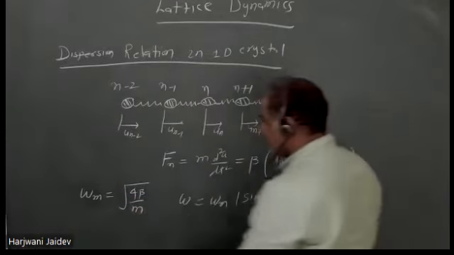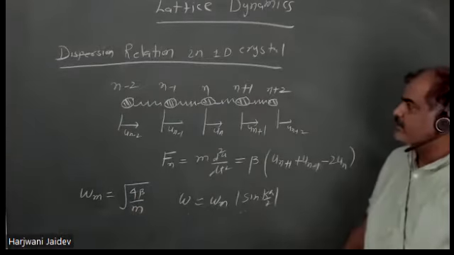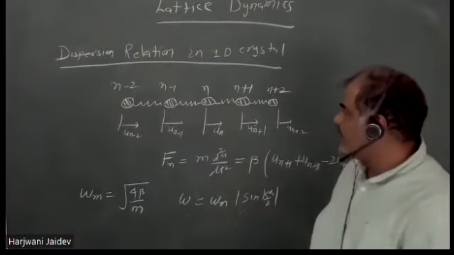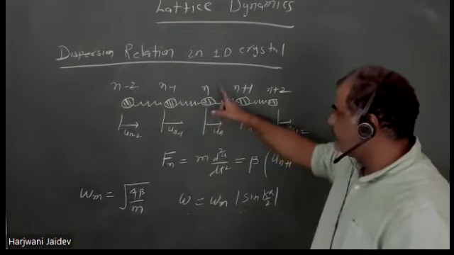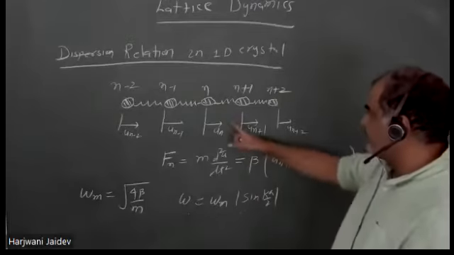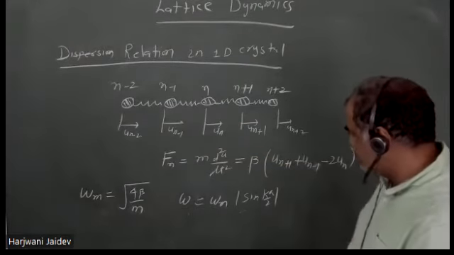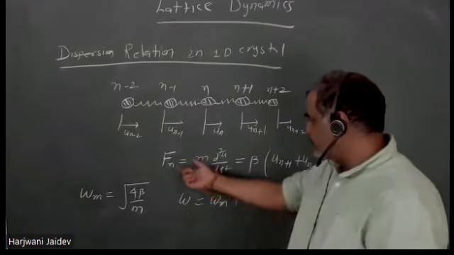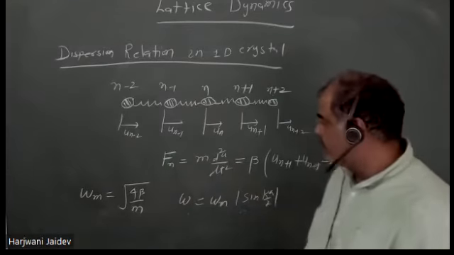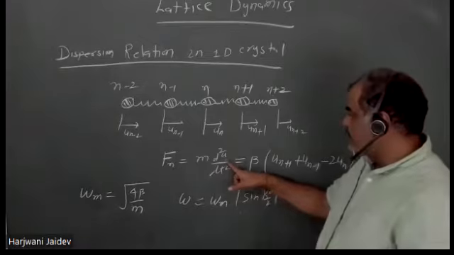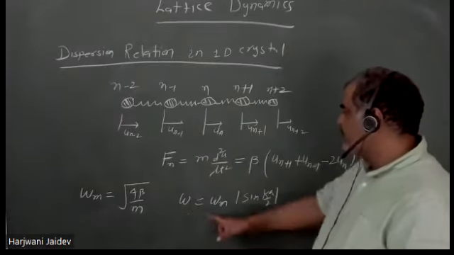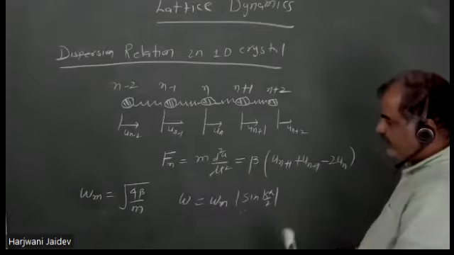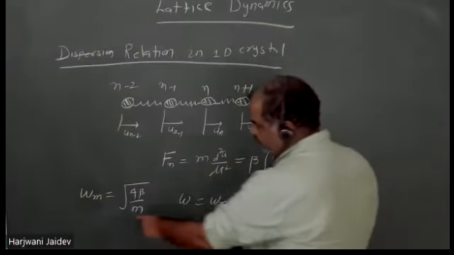So this much we did yesterday. We took a one-dimensional atomic chain and calculated the force on the nth atom, and from the force we used traveling-wave type solutions in this equation. When we put in the u value, like traveling waves, we got the dispersion relation omega equals omega m sin ka by 2, where the maximum frequency is 4 beta by m.